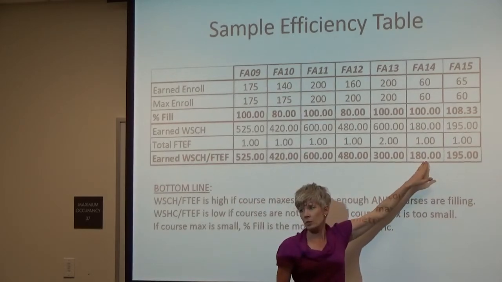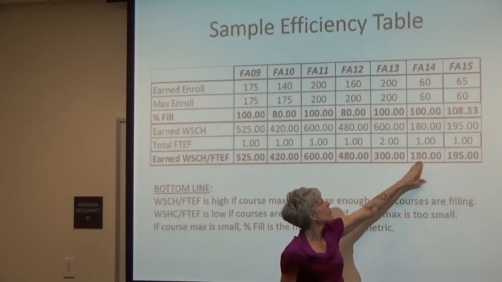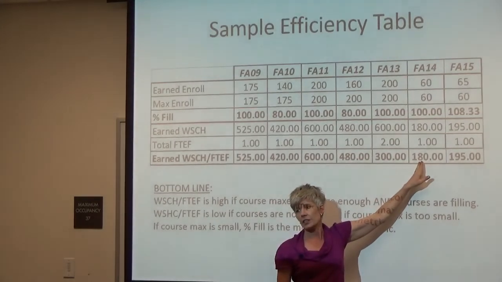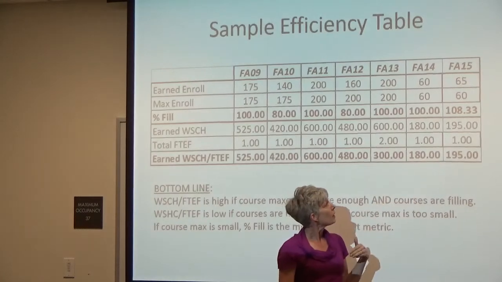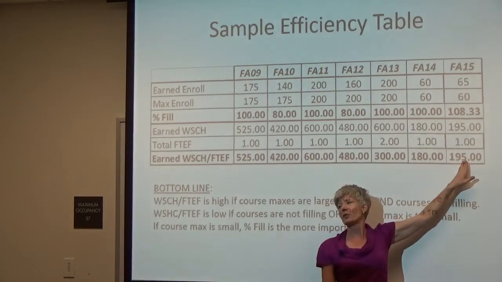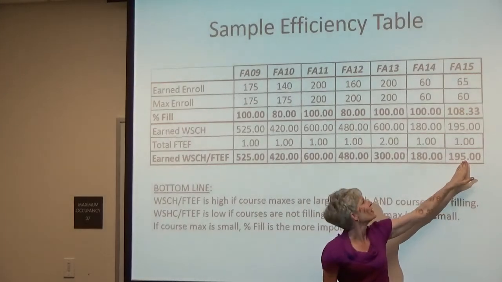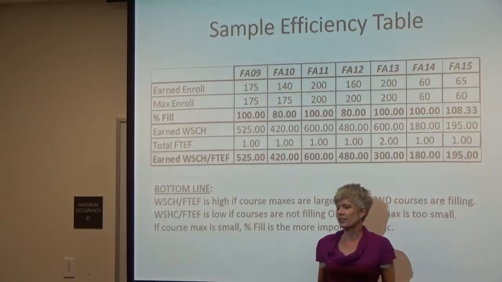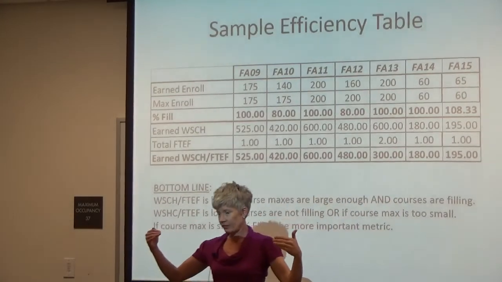Here are only 20 students in each course section. So even if it's 100% full, we cannot get to 525 no matter what we do. Right? You can get a higher number if you're filling your courses above 100%. And so here we've got 108%. That does increase the earned wish per FTEF, but it still isn't going to get us up to 525.